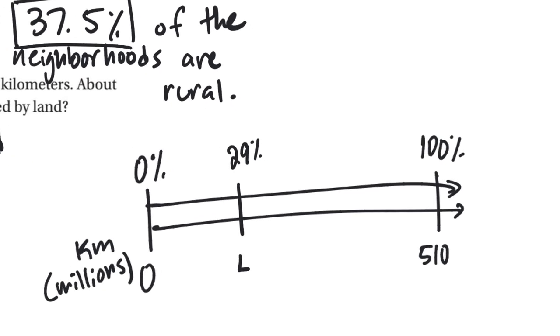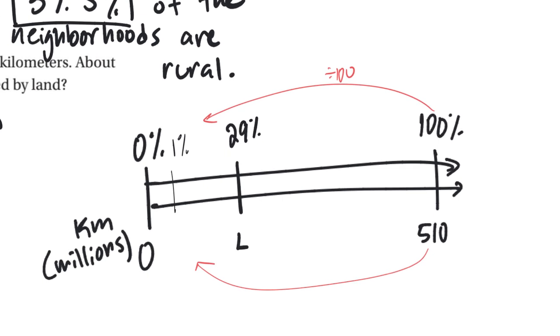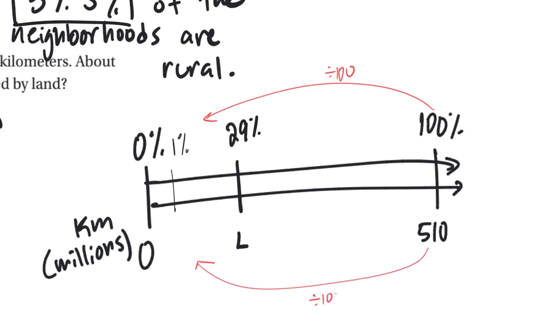The common factor is 1%. So divide this by 100 to get 1%, and you get 5.1. So 1% of the Earth's surface is 5.1 million kilometers.